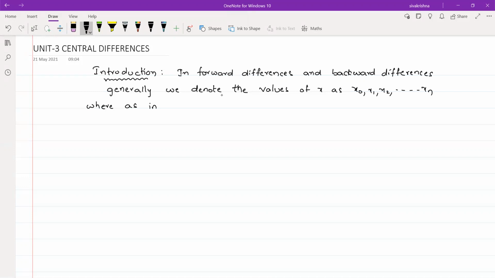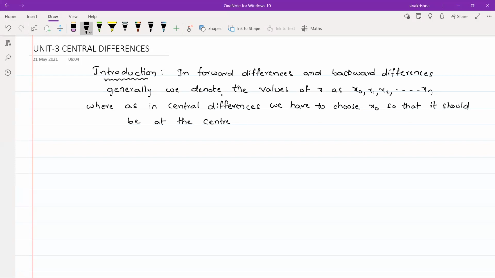Whereas in central differences, it means in unit 3, we have to choose x0 so that it should be at the center of the table, not the first value.